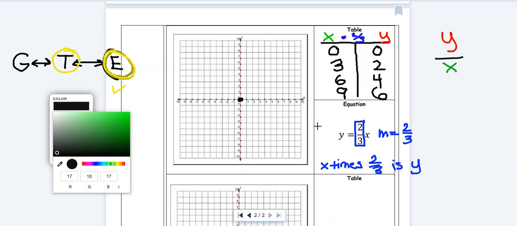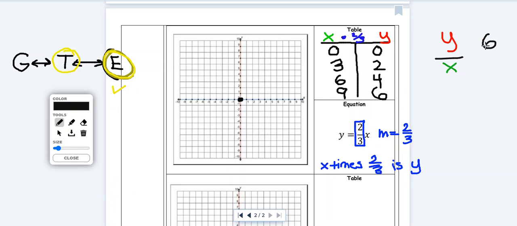So in this case, I'm going to pick 6 and 9. When y is 6, x is 9. They're a pair. And you'll notice that when I simplify this, divide both of them by 3, I end up with 2/3. Same as my slope. Always find the proportional constant, or the slope, by dividing y by x.